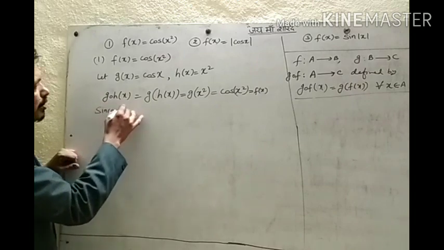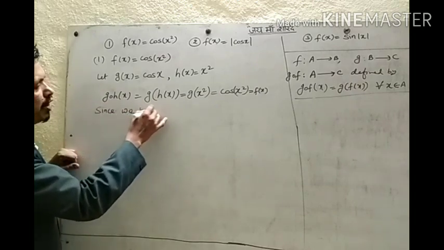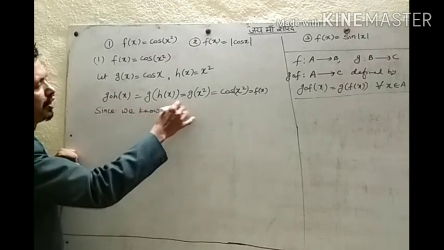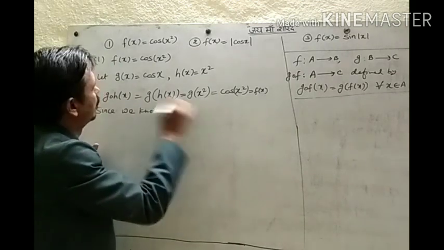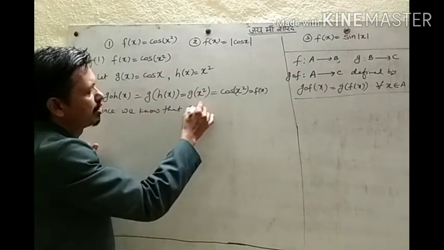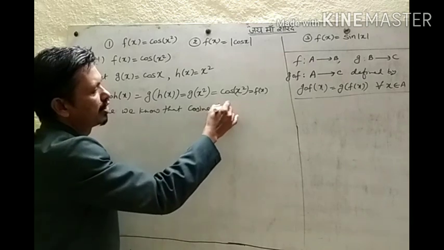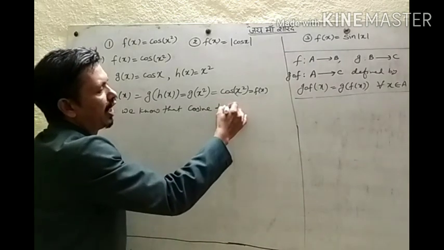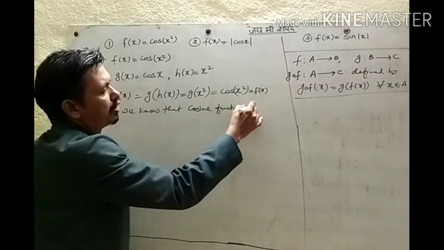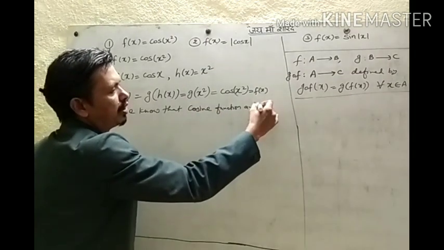Since we know that this is a cosine function and this is a polynomial.